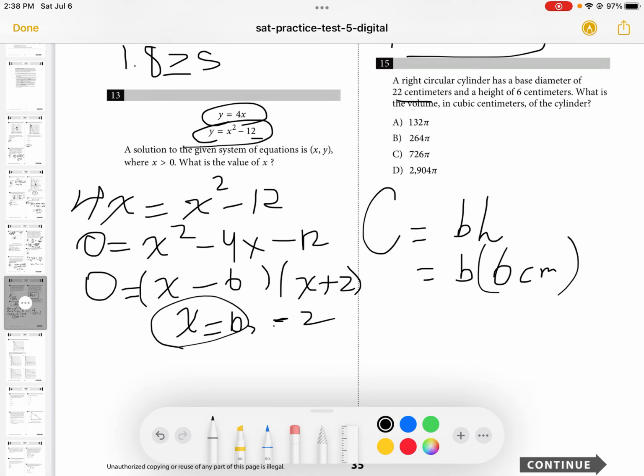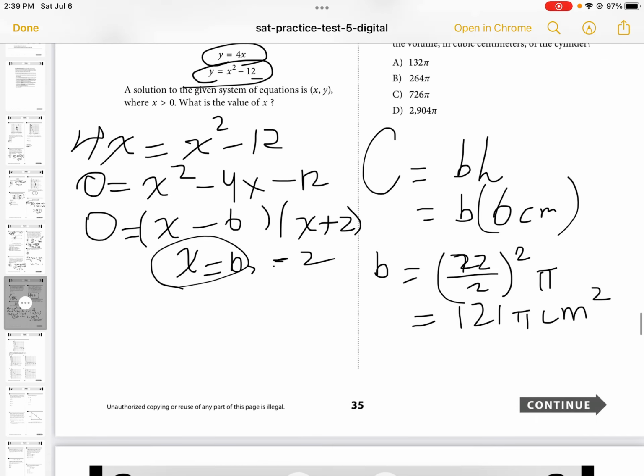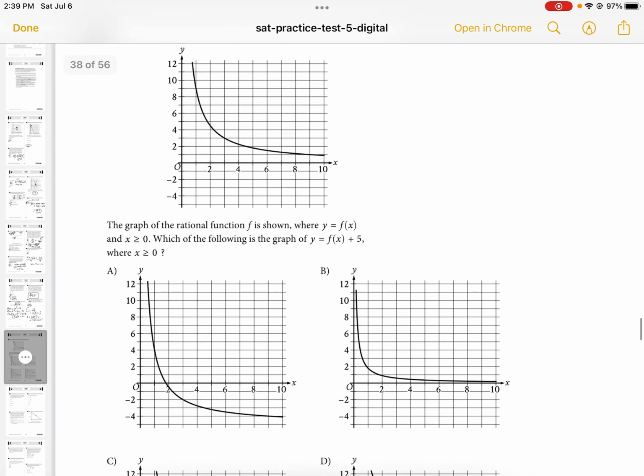Well, we know the base is a circle with a diameter of 22 centimeters. So the base's area will be equal to 22 divided by 2, which is the radius, squared, times pi. So the base is equal to 121 pi centimeters squared. Multiplying the two, we get the volume is 726 pi centimeters cubed. Okay, next question.